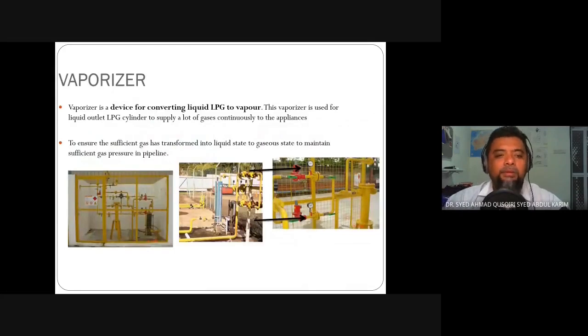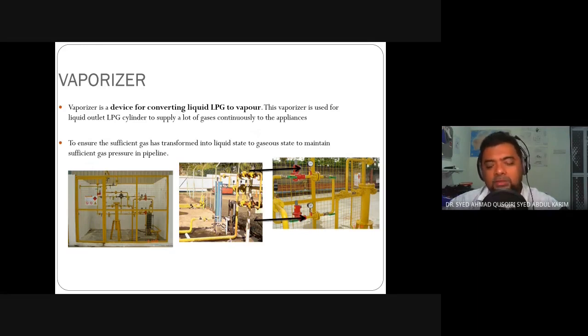Next is the vaporizer. It's a device for converting liquid LPG into vapor. The LPG inside the gas tanks is in liquid form, so in order for it to be used, it needs to be changed into vapor form. This vaporizer is used for the liquid LPG cylinder to supply a lot of gas continuously to the appliances.